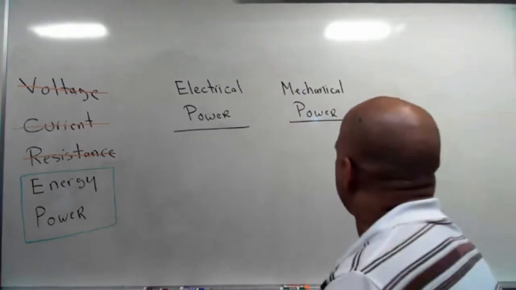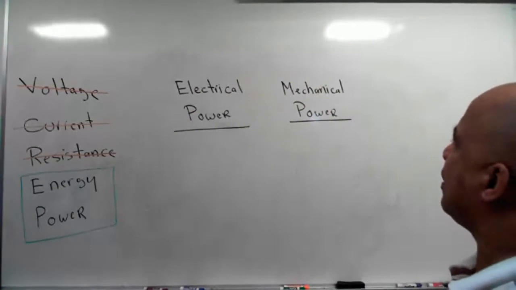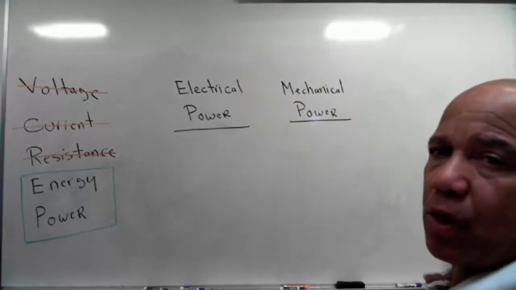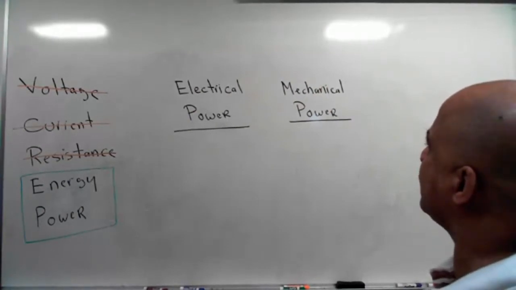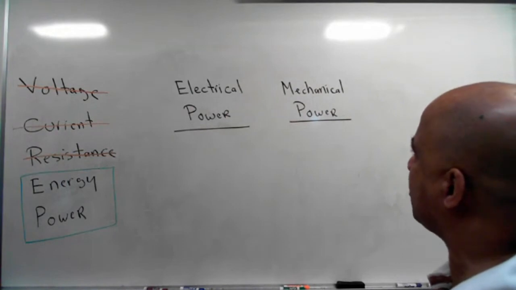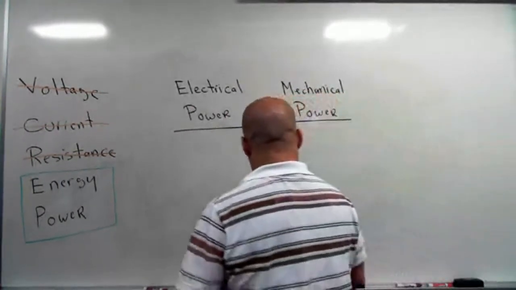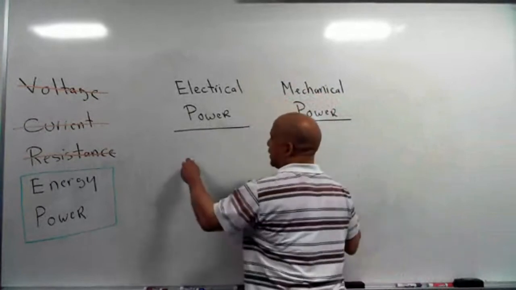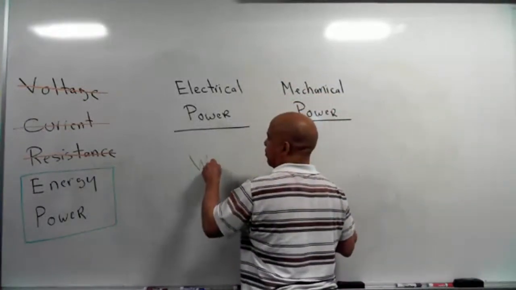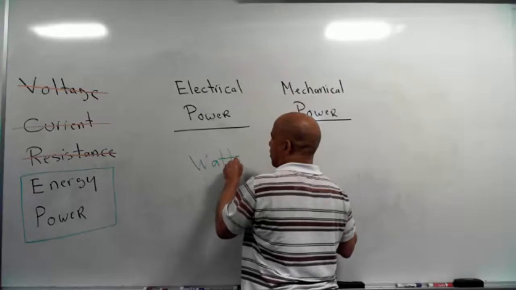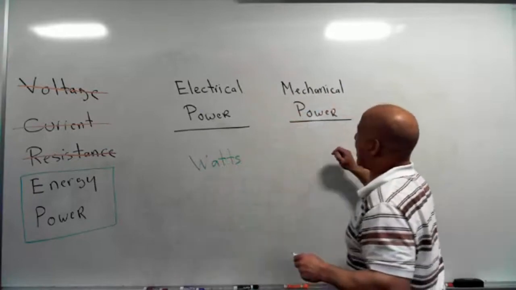All right, guys, so let's talk about this. Power is a rate of doing work, and it's also a rate of converting energy from one form to another. I can talk about electrical power, which we measure in watts. And then there's mechanical power.